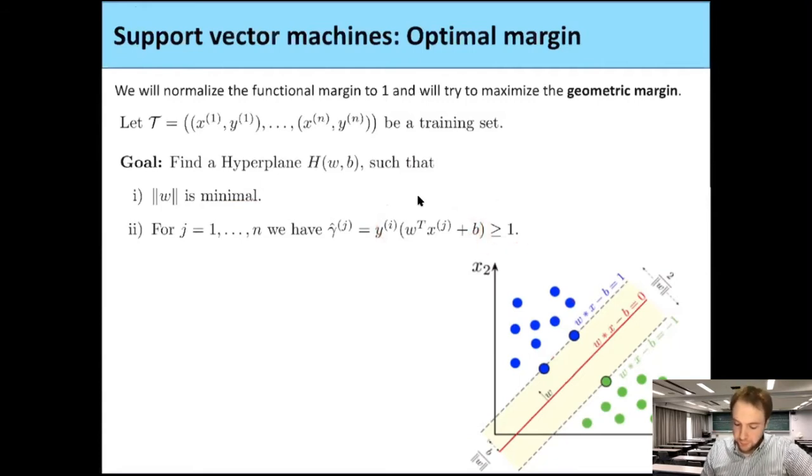Because these points here on this side, they satisfy the condition that the dot product here is greater or equal to 1. And on the other side, they satisfy that this is smaller or equal to -1.